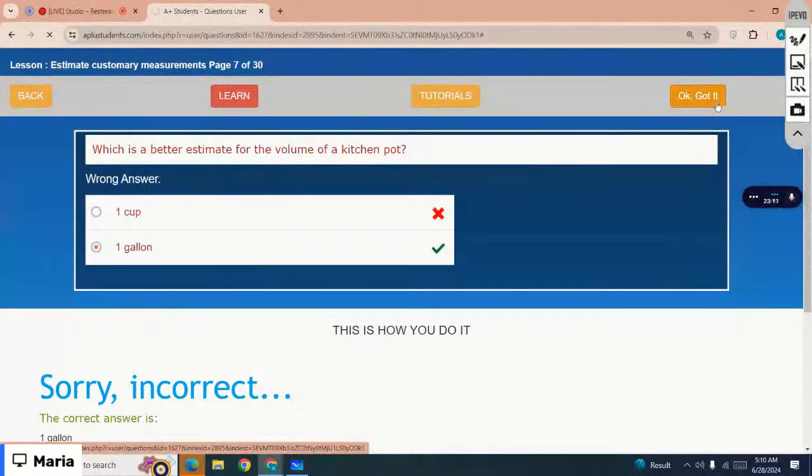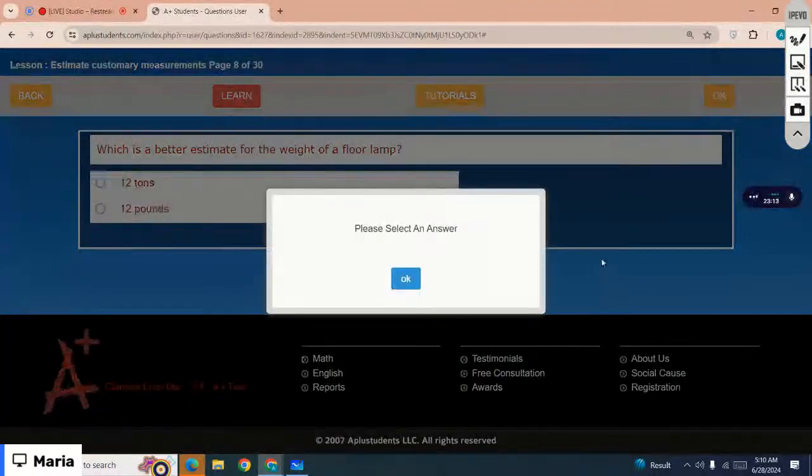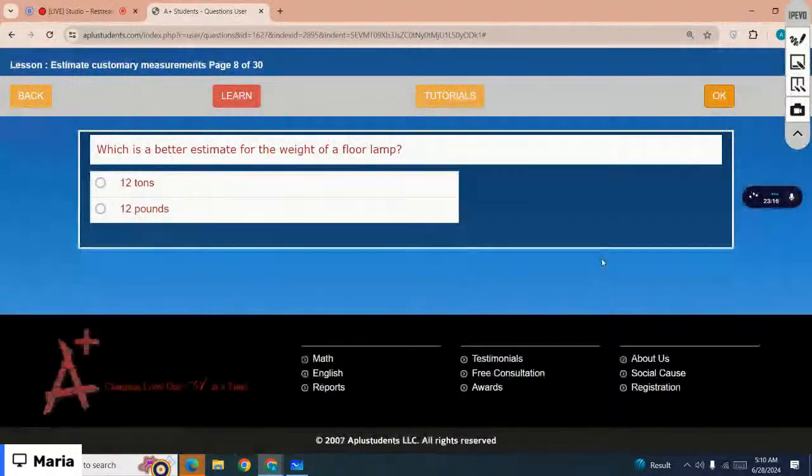Okay, the next one is, which is the better estimate for the weight of a floor lamp? 12 ounces or 12 pounds or 12 tons, which is the correct option?